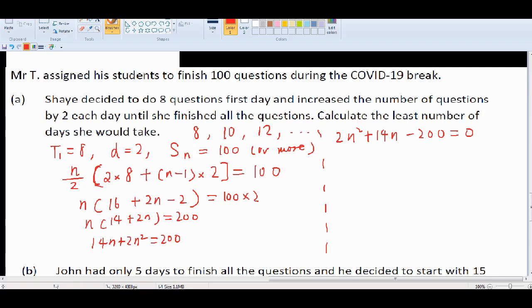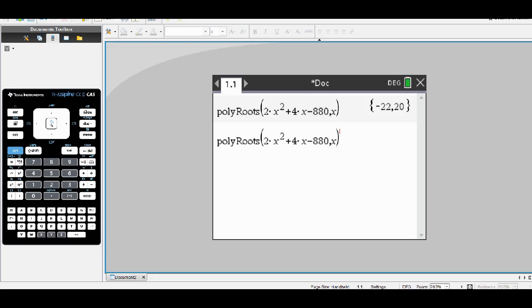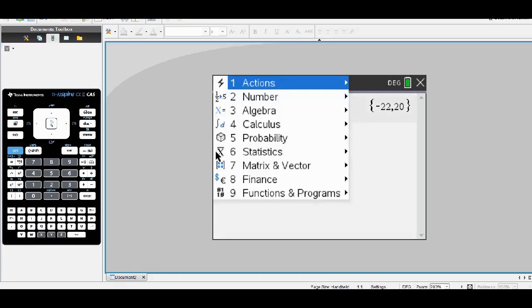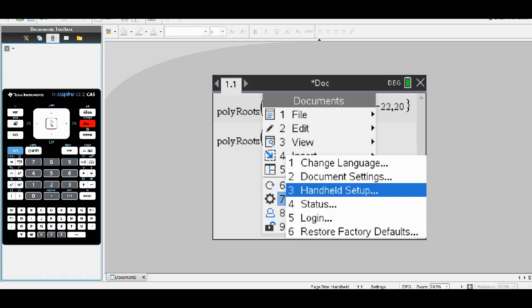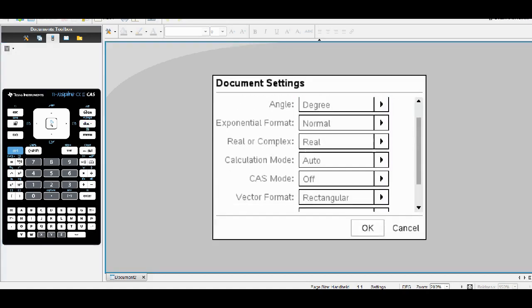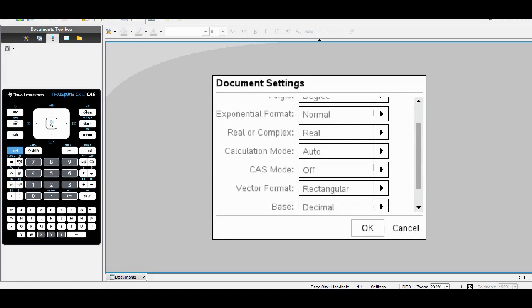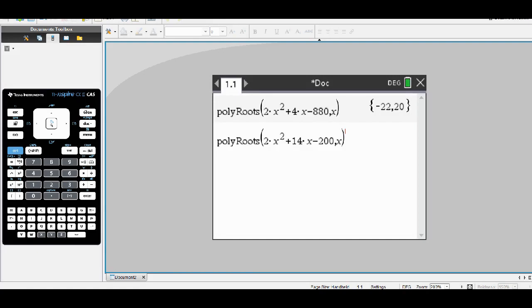I just forgot, 214 minus 20. I need to make sure I switch off the document setting. You need to make sure that CS mode is off, otherwise you will see an answer in short form, and that's not what we're going to find. So there are two answers. One is minus 14.09, the other is 7.09.